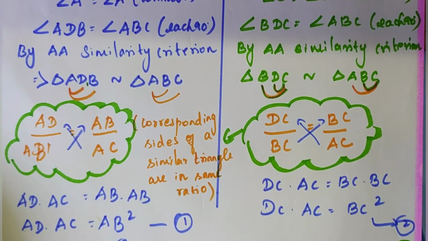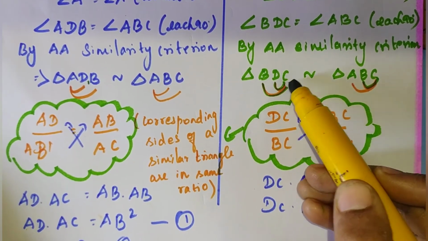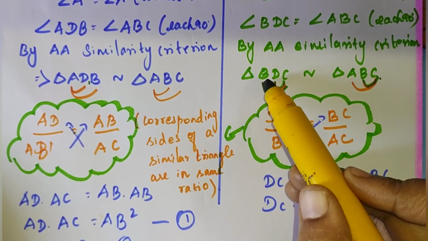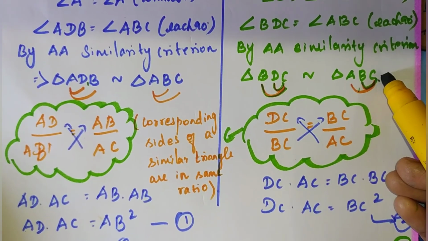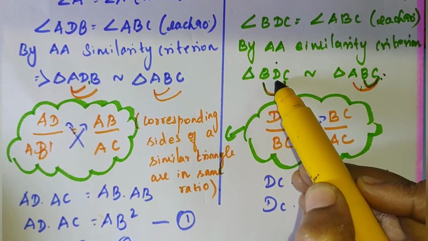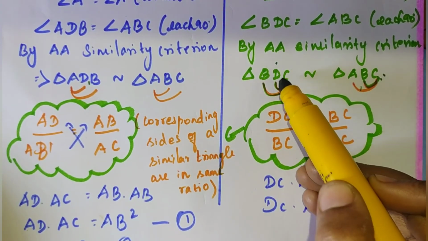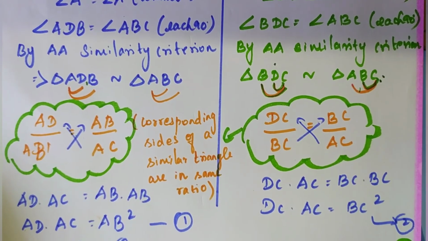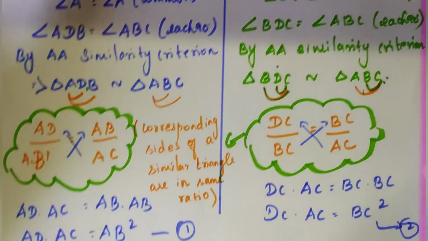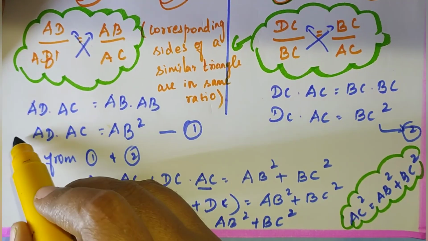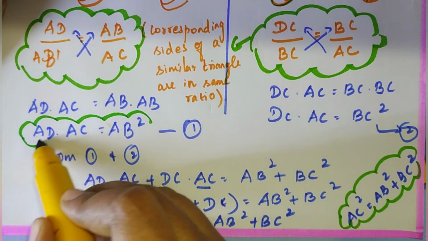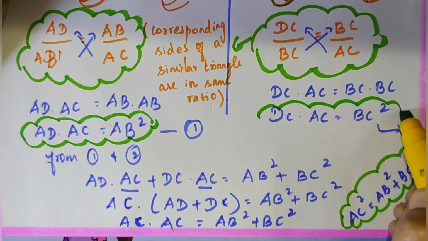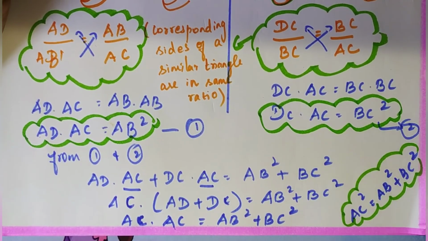Like that you have to choose. And then DC divided by BC is equal to BC divided by AC. Clear? Then cross multiply and write that AD into AC is equal to AB square and DC into AC is equal to BC square.